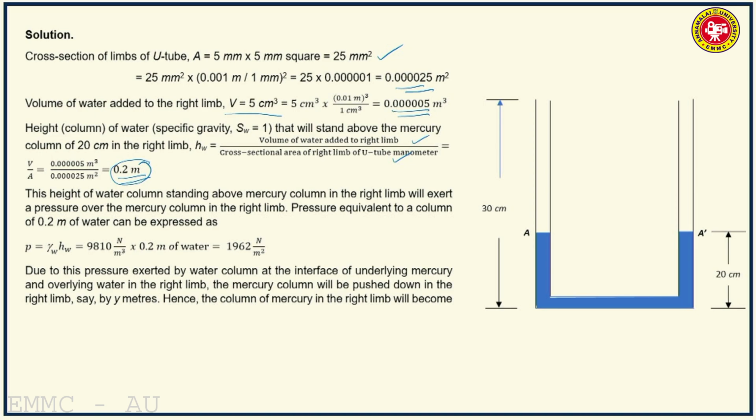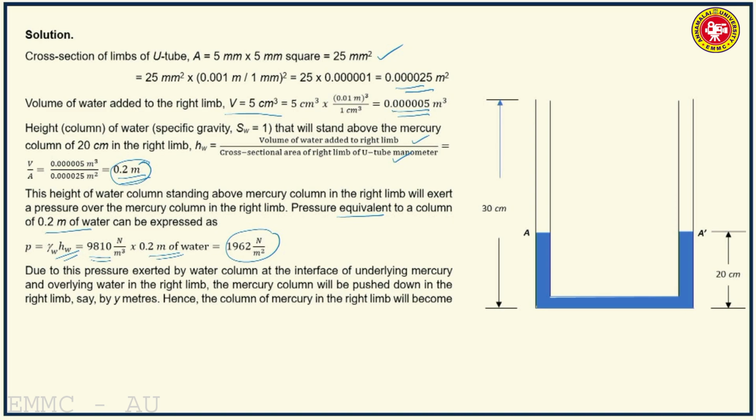So the pressure exerted due to a column of 0.2 meter of water is gamma W H W. Gamma W is the specific weight of water, 9810 Newton per meter cube, multiplied by 0.2 meters of water, you get 1962 Newton per meter square.